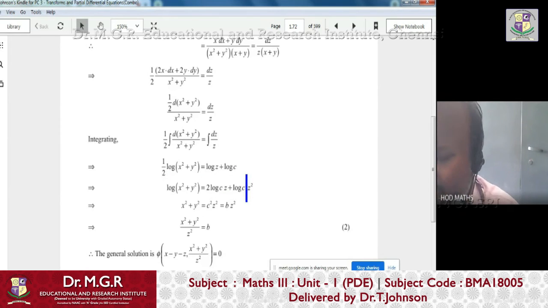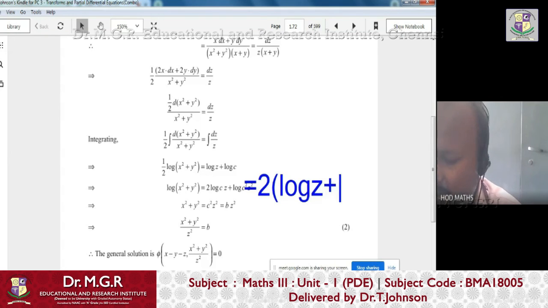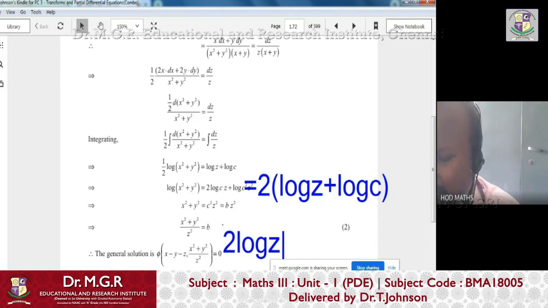So the right hand side will be equal to 2 times log z plus log c. Now, two times log z can be written as log z square.